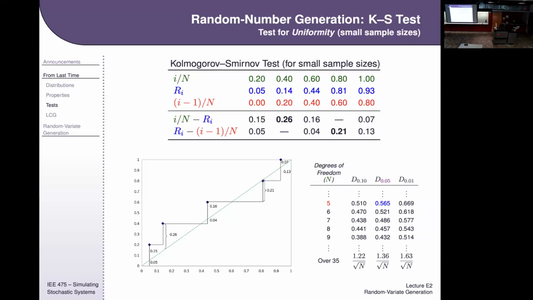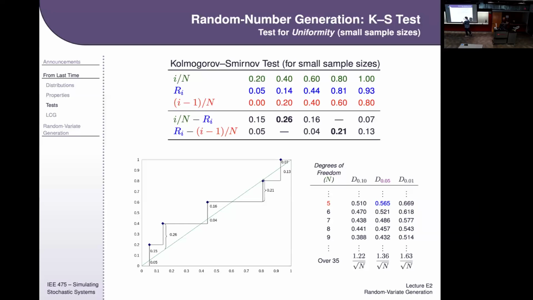So this is the first one divided by 5, this is 2 divided by 5, 3 divided by 5, 4 divided by 5, and then 5 divided by 5. When you plot data against their normalized rank, that's what we call the sample cumulative distribution function, the sample CDF. So the KS test is comparing the sample CDF to the expected CDF.